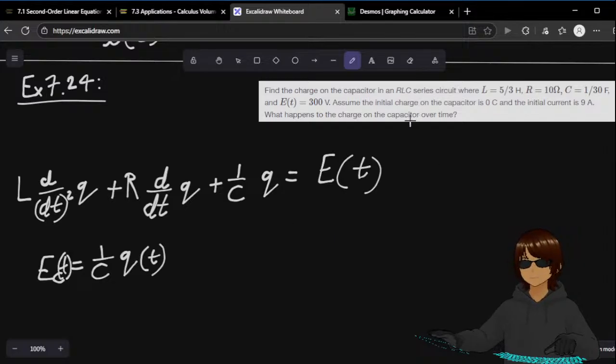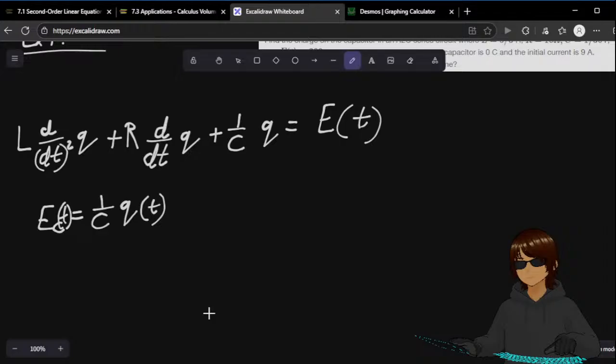Now, what happens to the charge on the capacitor over time? Assume the initial charge is 0, so Q(0) is 0. But that tells us nothing. The initial current is 9 amps. What happens to the charge on the capacitor over time?